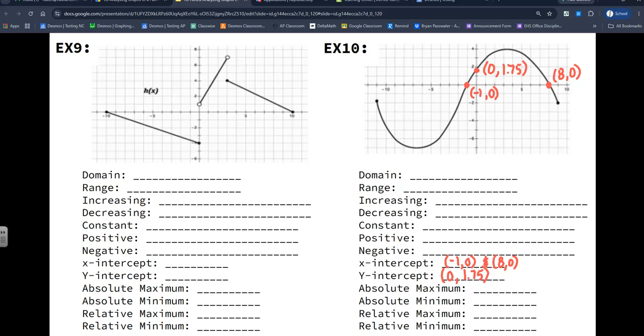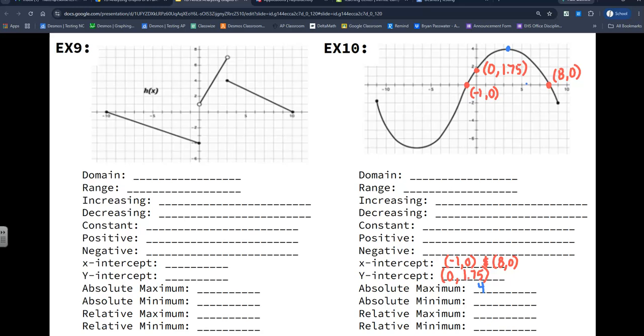Whenever we do this, the absolute maximum, I could take either one the way it's listed here. You could just give me 4, give me the y-coordinate, tell me the highest y, right? If they ask what is the absolute maximum value, you would just say 4.